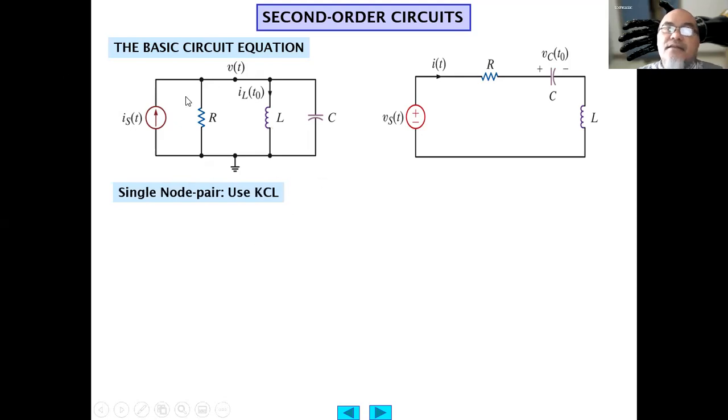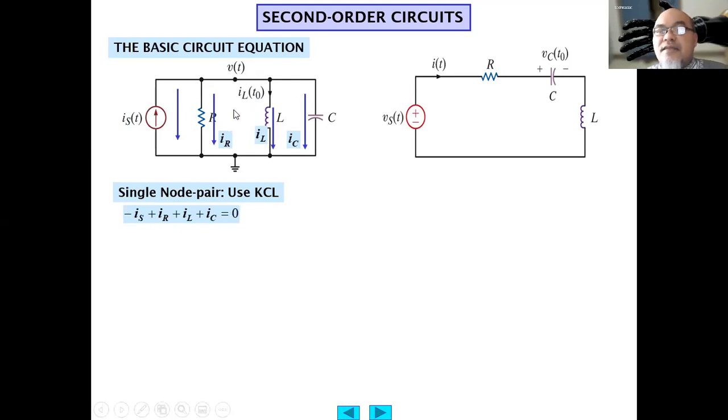So in the first circuit, in which we have the same voltage, and the current is branched into the three, R, L and C, we can use Kirchhoff's current law, KCL, with a single node pair to determine the currents flowing through the resistor, inductance, and capacitance: IR, IL, and IC.